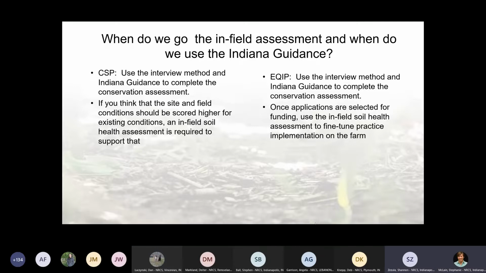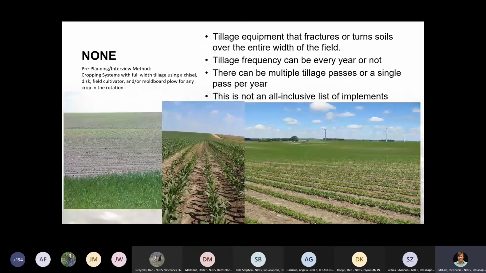All right, I'm going to keep going on here. So the next few slides, I took those categories, none, low, moderate, and high, and talked about what we were thinking about when we talk about none, and that definition that we identified there. And what we tend to see, and you all see this, right?